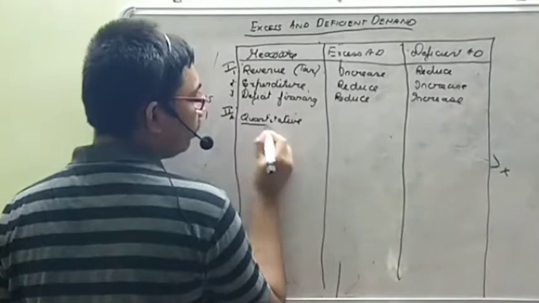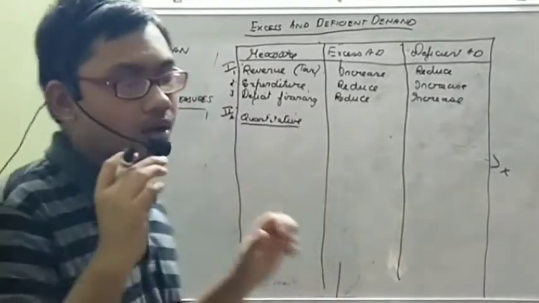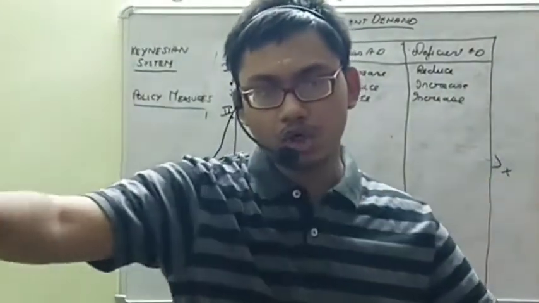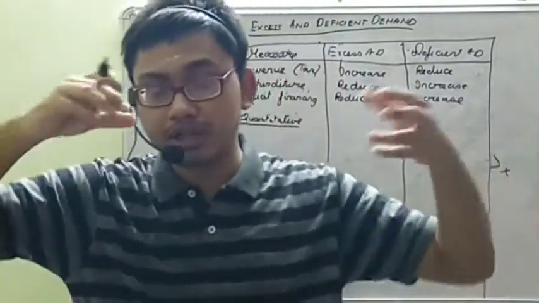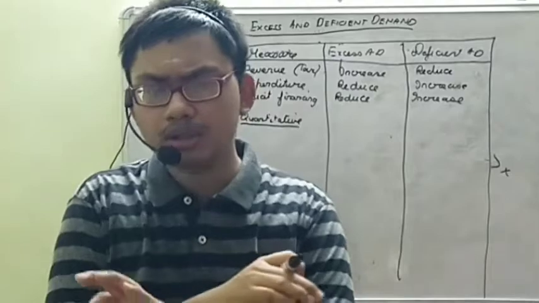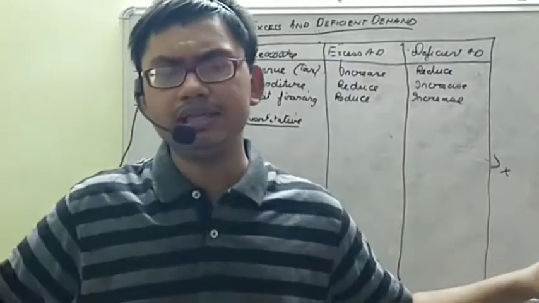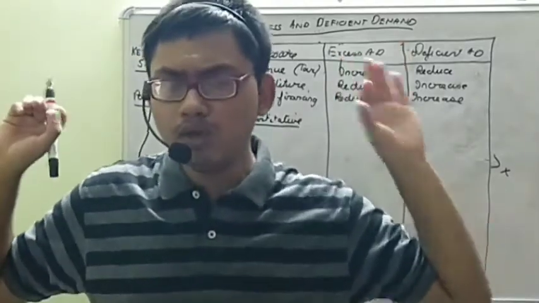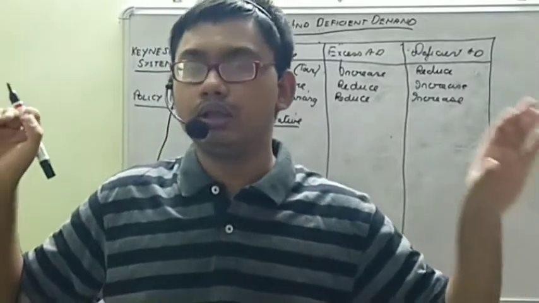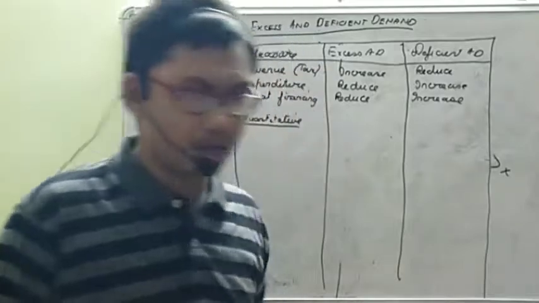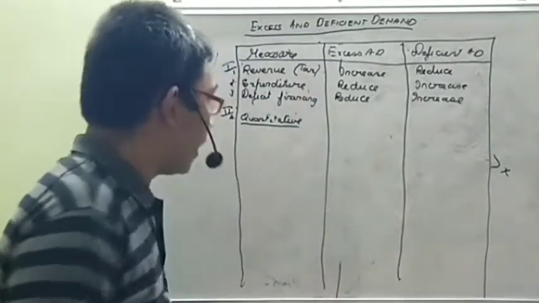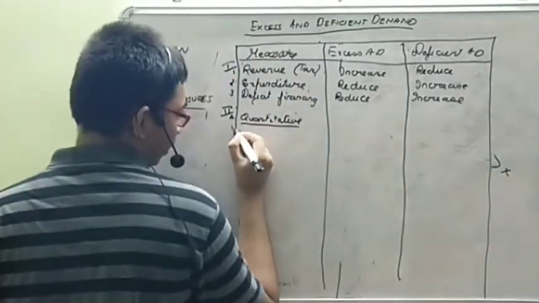In quantitative measures, what will happen is, throughout the economy, the central bank or the monetary authority will bring changes. Throughout, the policy will affect the entire economy. Whoever is living in the country will be affected by this measure. The first one among them is the bank rate.